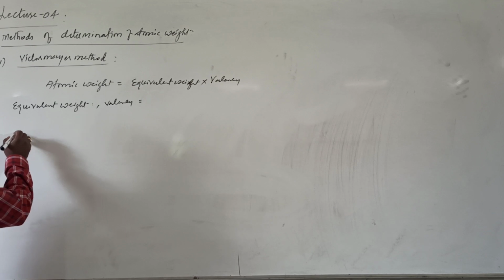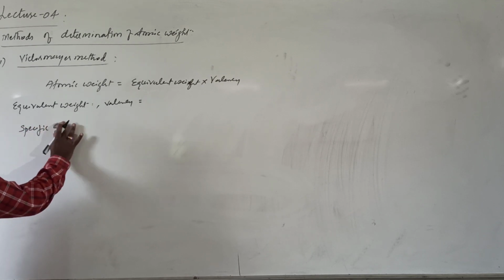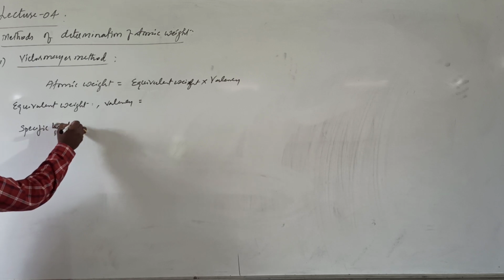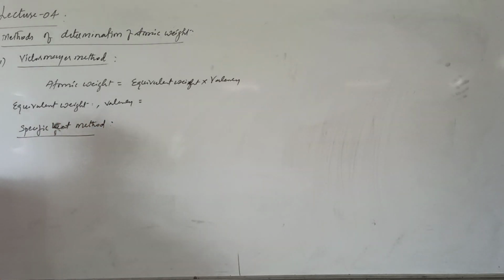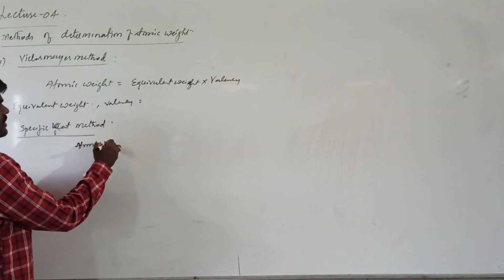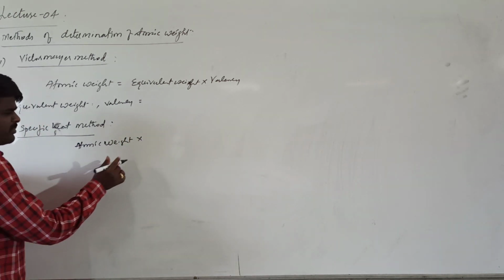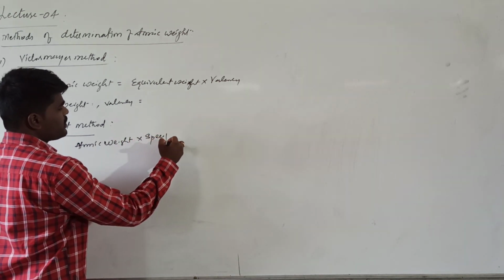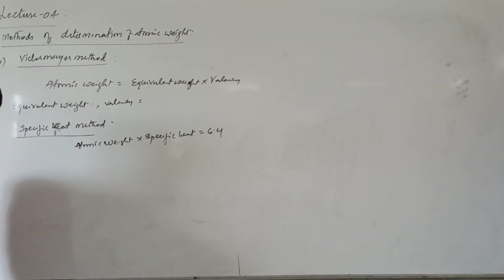Now the second method is called the specific heat method. It is also called the Dulong-Petit method. According to this, the product of atomic weight and specific heat is equal to 6.4.